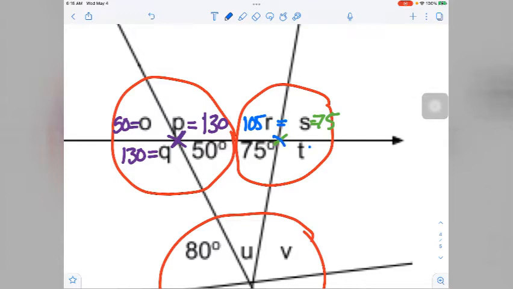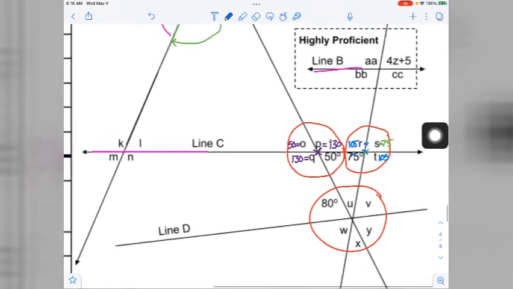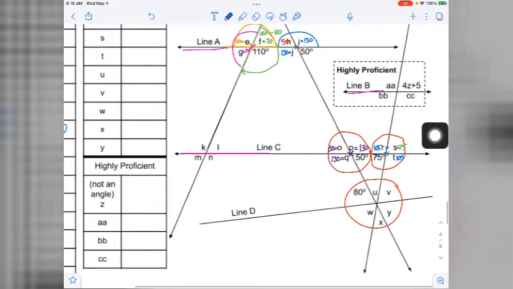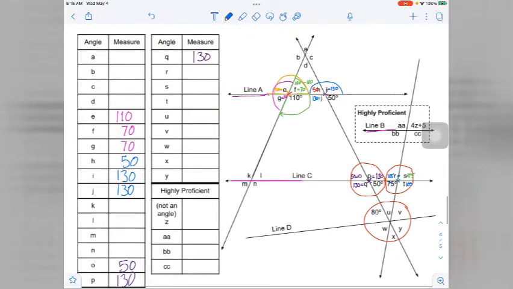So R has to be 105, and so does T. And that creates all of our straight angles to total 180. So R is 105, S is 75, and T is 105.